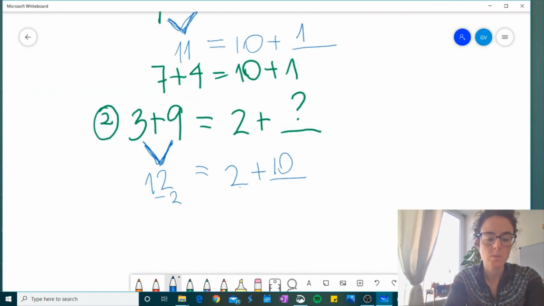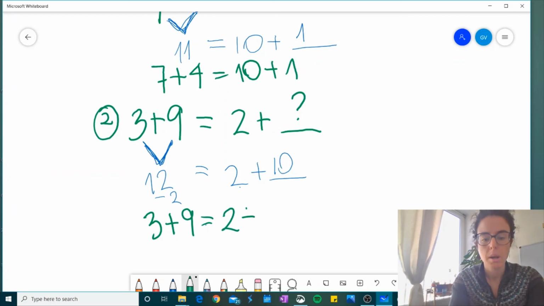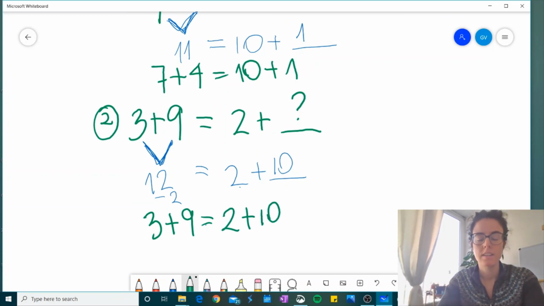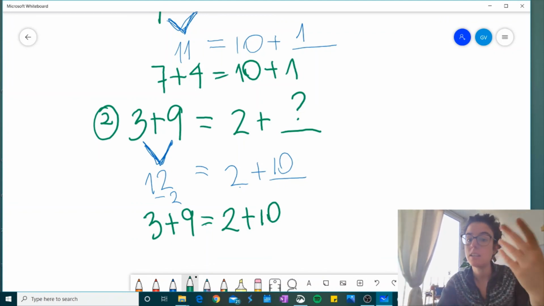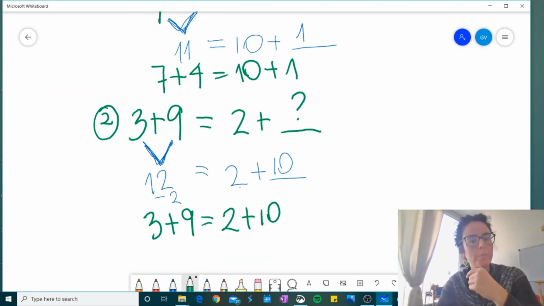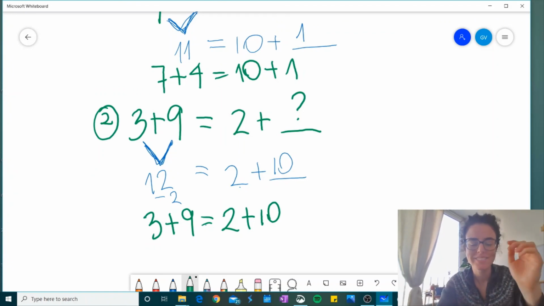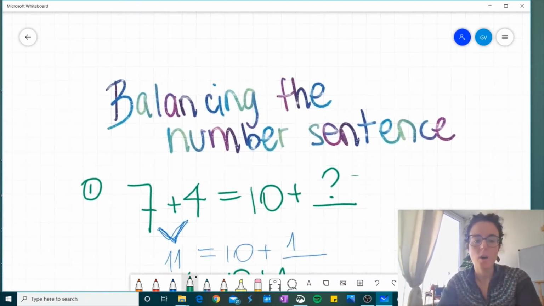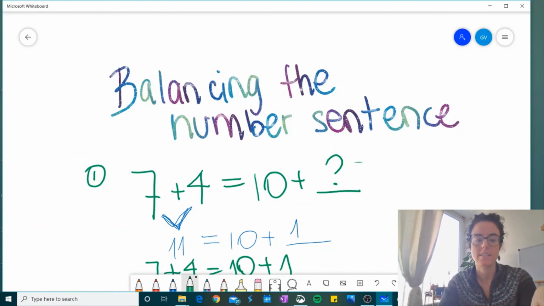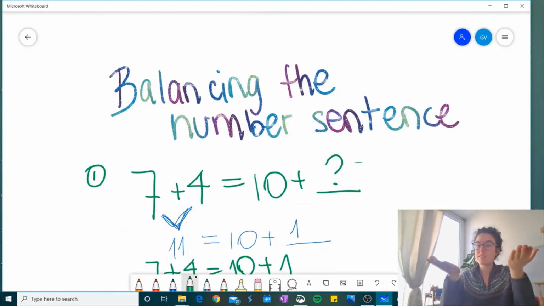So that means when we write our final sentence, 3 plus 9 is equal to 2 plus 10. They both equal 12. 3 plus 9 is 12, and 2 plus 10 is 12. Crazy, right? So friends, that is how we balance our number sentences, so that both sides are the same.